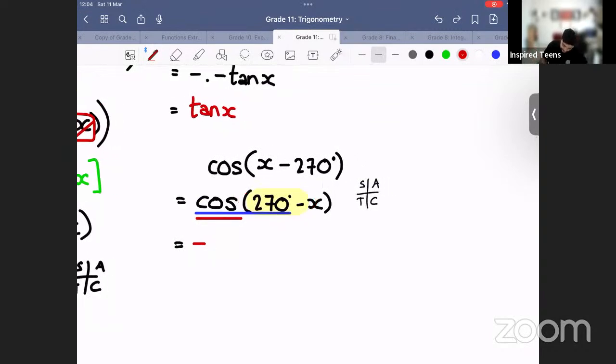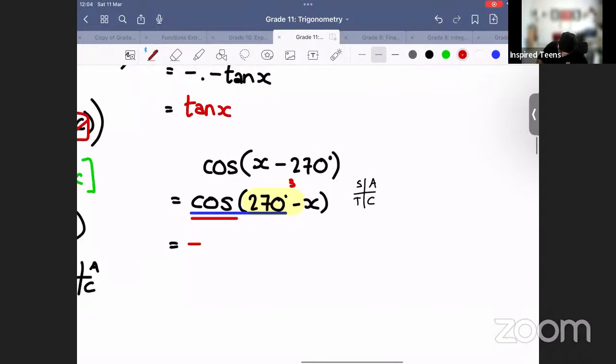So the negative is coming from the fact that cos is negative in the third quadrant. And then I'm changing to sine, because it's cos 270. This can get a bit trickier, so the more practice you have, the better. And then I'm pretty sure it's just x.